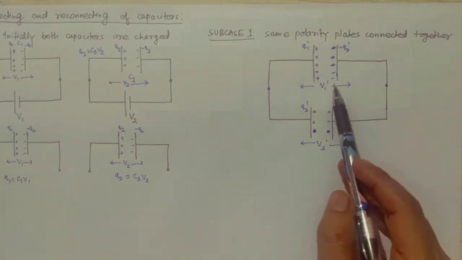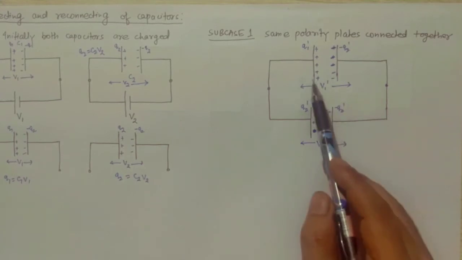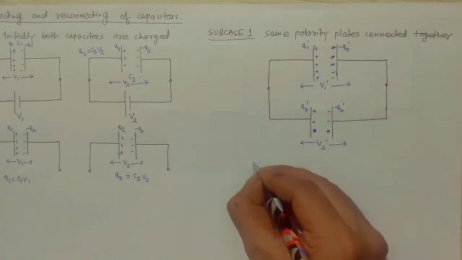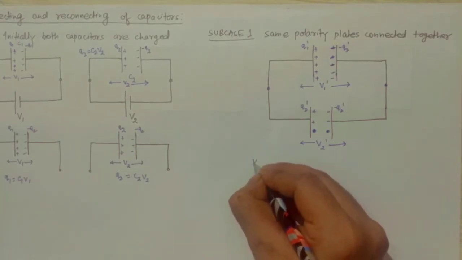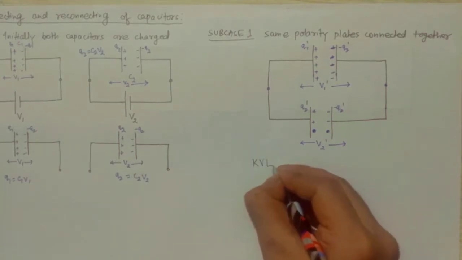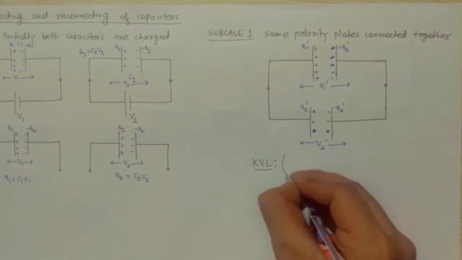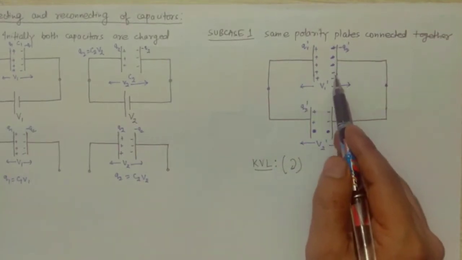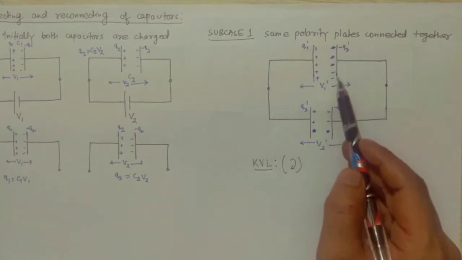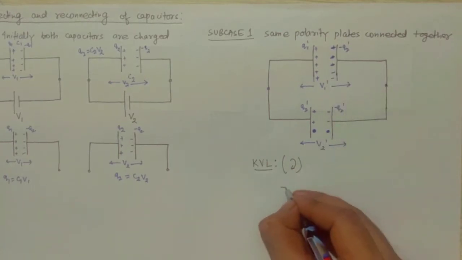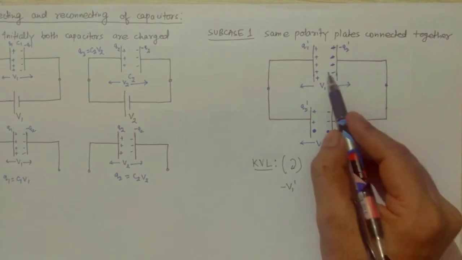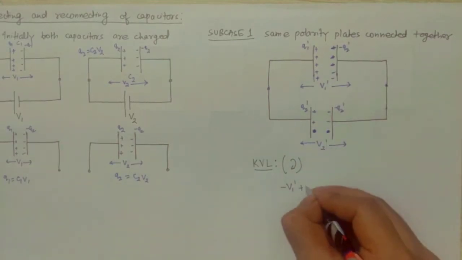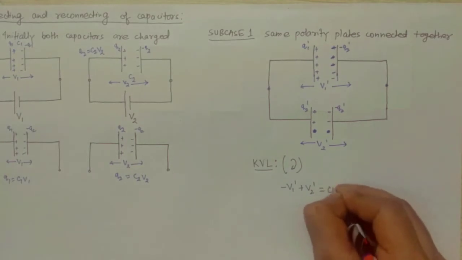Now we are going to apply Kirchhoff's voltage loop law in this circuit in the final situation. I am going to apply KVL, that is Kirchhoff's voltage loop rule, and I am moving clockwise. As I leave the negative plate of the first capacitor, I write minus V1 dash, and now as I leave the positive plate of the second capacitor, I write plus V2 dash equal to 0.